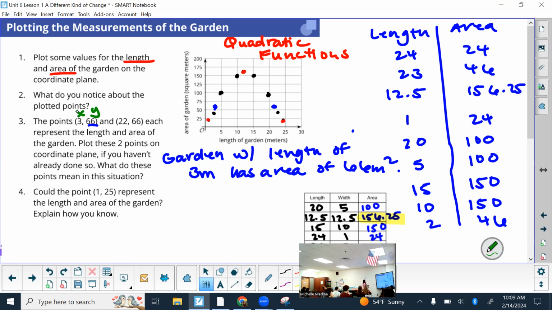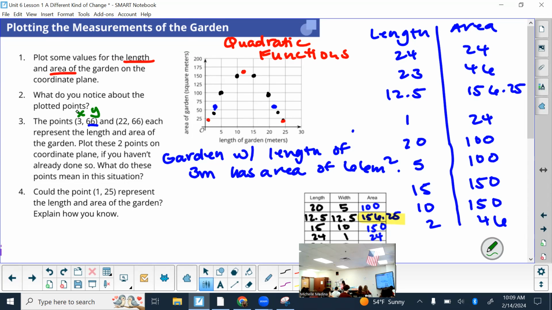Could the point (1, 25) represent the length and area of the garden? Don't say your answer out loud. But it's based on all the trends we've seen today. Maybe problem solve it some sort of way. Could (1, 25) be a length and area? Think about it yourself.